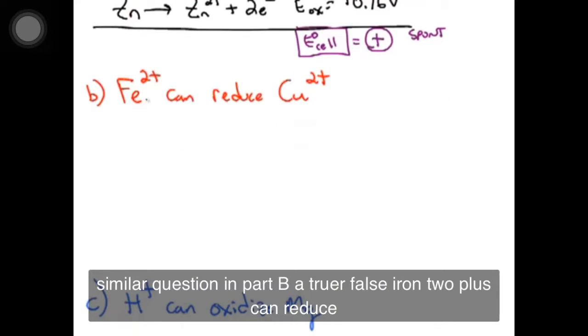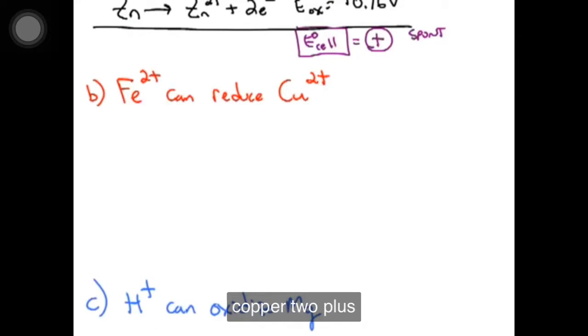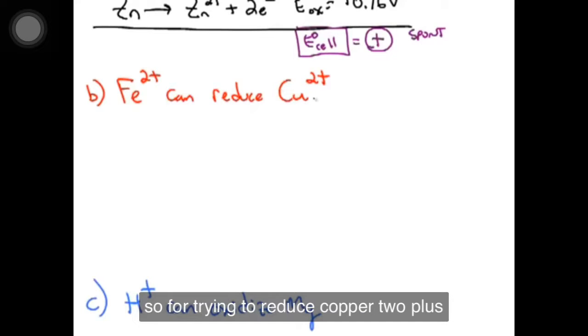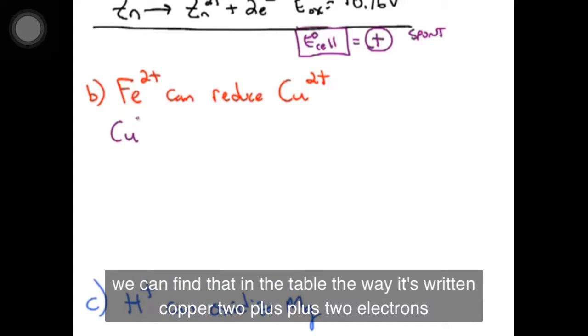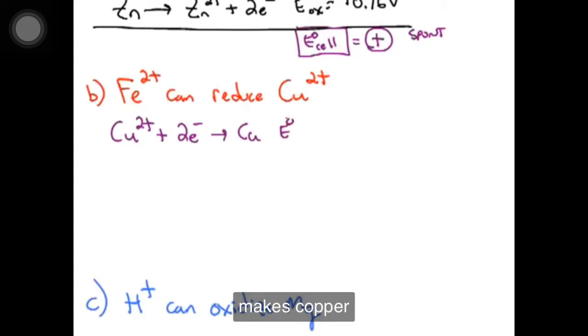Similar question in part B. True or false? Iron 2+ can reduce copper 2+. So if we're trying to reduce copper 2+, we can find that in the table the way it's written. Copper 2+ plus 2 electrons makes copper.